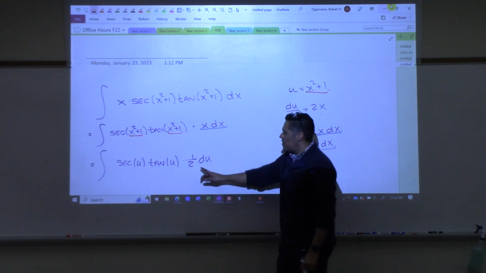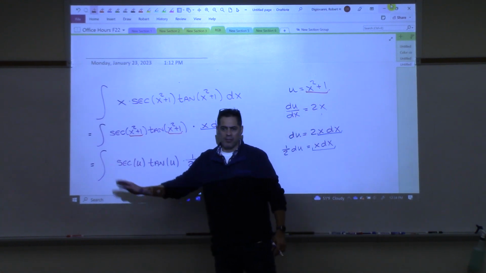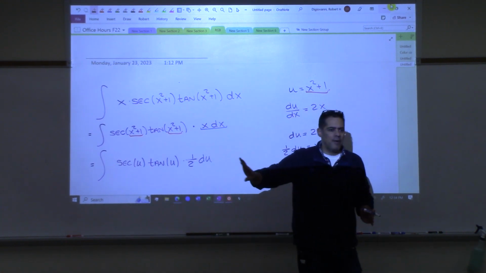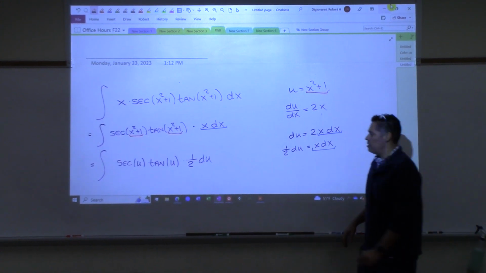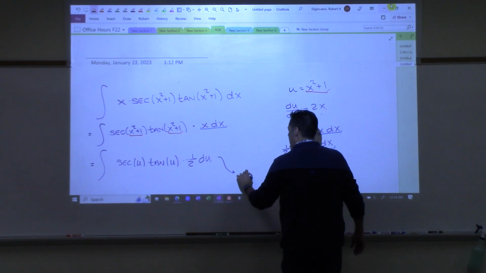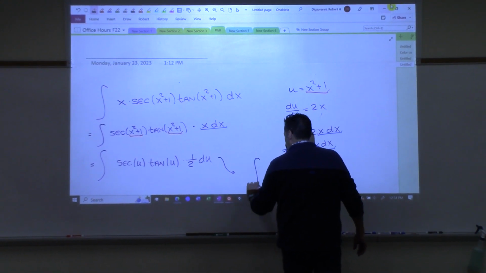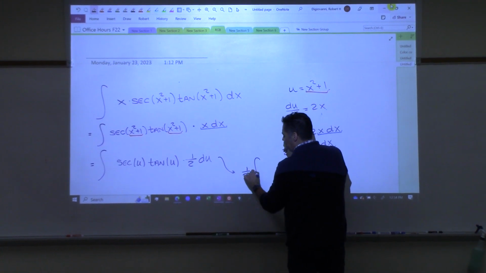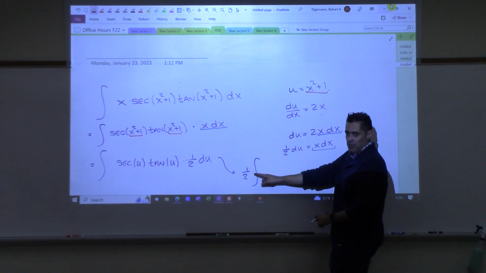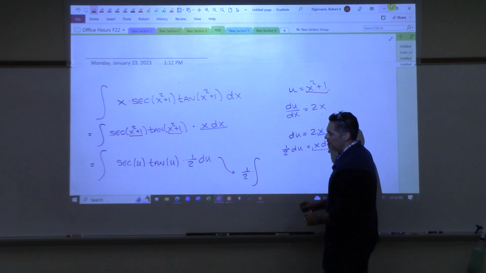Now, what is it about constants that are attached to functions? You can always move them out front and just bring them with you, as long as the constant is attached to the function. So I could put the 1/2 right inside, or I can take it outside as a multiplication, which is what I will normally do in this class. Take constants outside the integral sign.